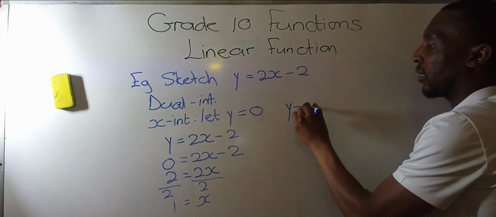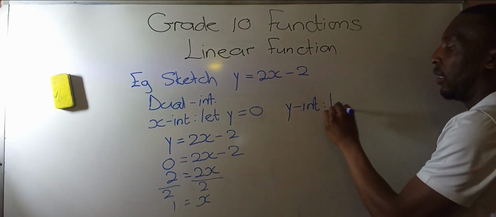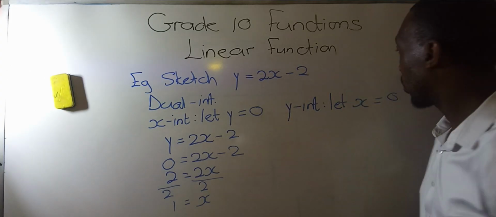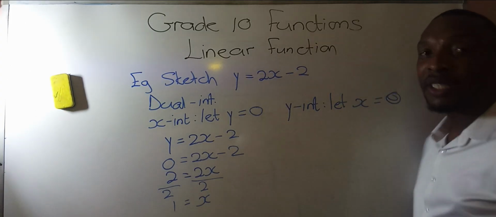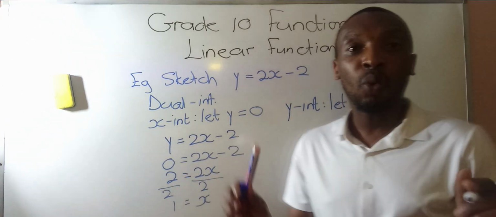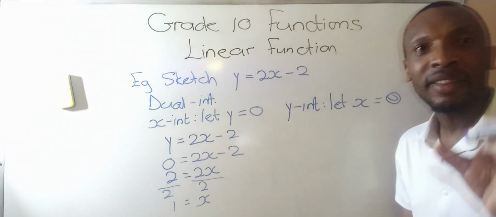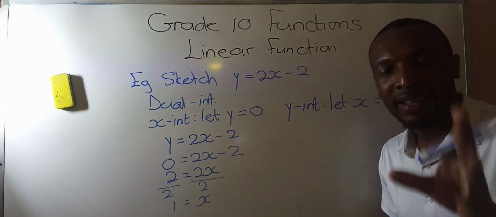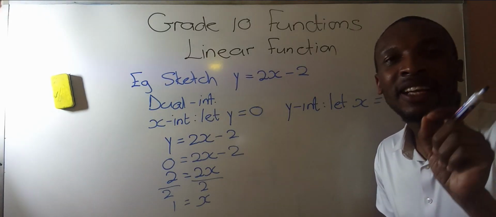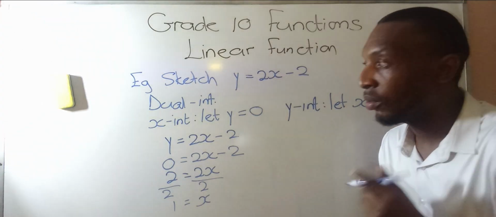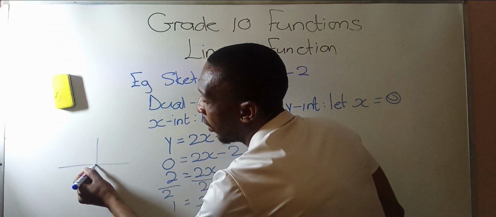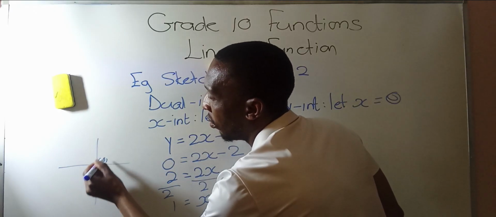For the y-intercept, we say let x be equal to 0. Again, why do we say let x be equal to 0 for the y-intercept? Because if you look at the y-axis, every point on the y-axis has an x-coordinate of 0. Okay, if you don't believe me, this is 0, 0.